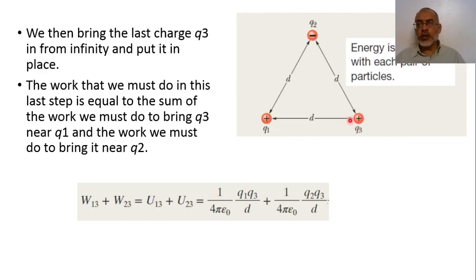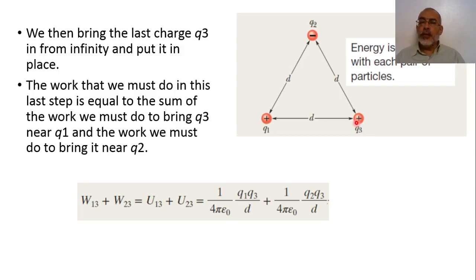If we bring Q3 from infinity, where the potential is 0, to a point here in the field of Q2 and Q1, there will be a potential due to Q1 equal to Q1 over 4π epsilon naught D, where D is a distance here. This potential multiplied by the value of Q3 gives the work done to move Q3 from infinity to this point.